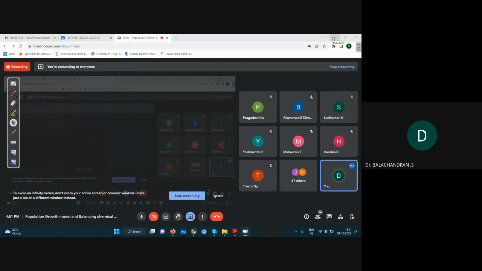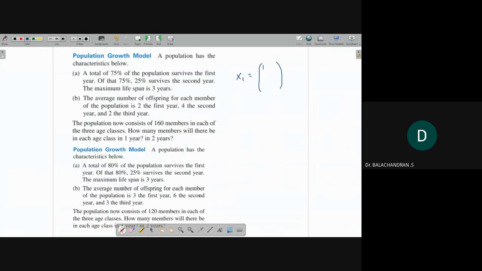Trisha? Shivani, Hari? 160, 160, 160. Okay, it is given here: the population now consists of 160 members in each of the 3 age classes. What is L? What is the first row?